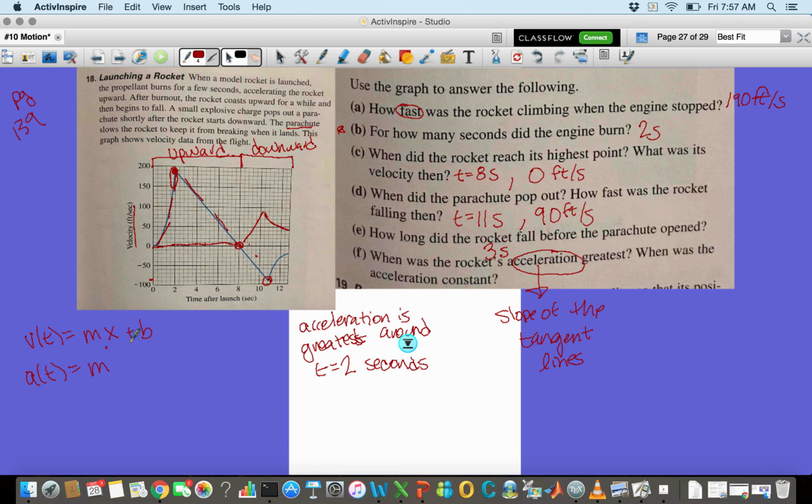Anytime you have a linear function, its derivative is going to be constant. So acceleration is constant from about 2 to 11.